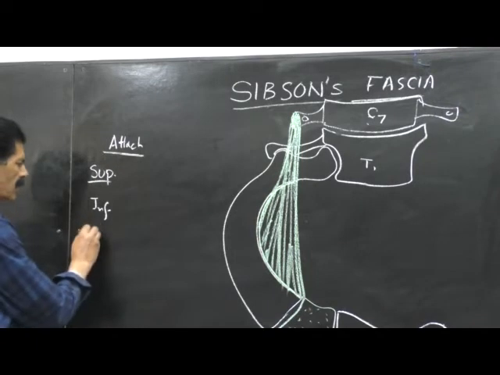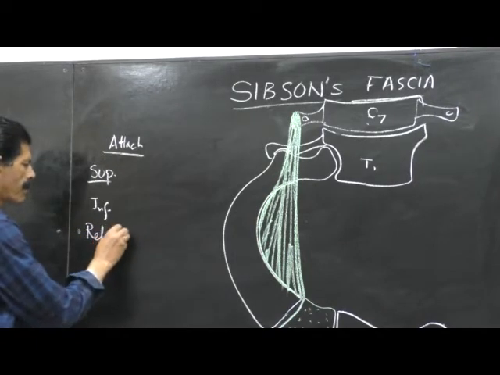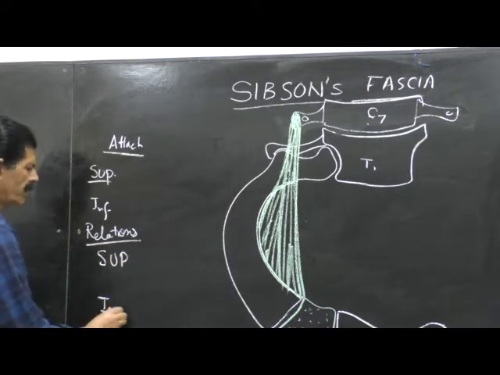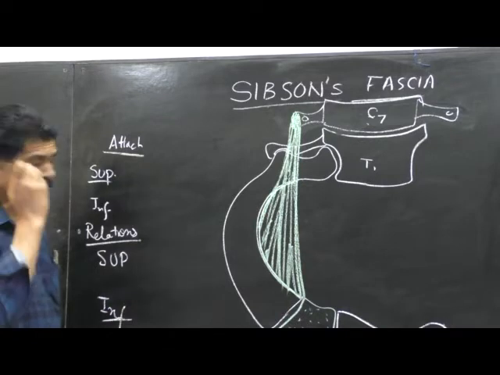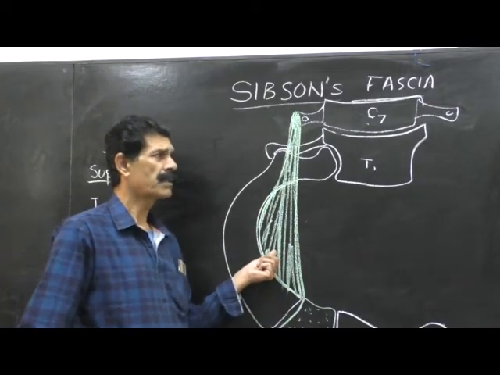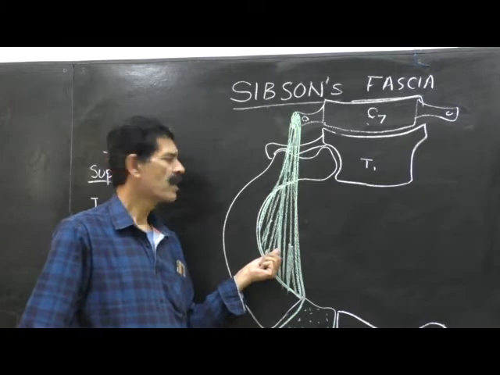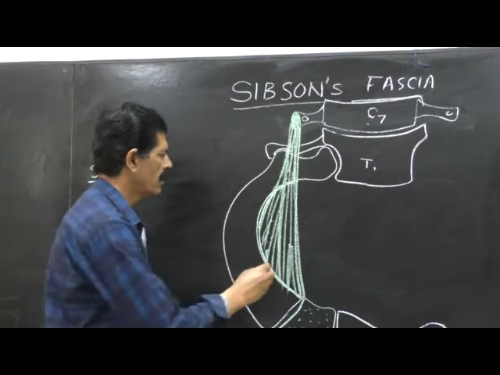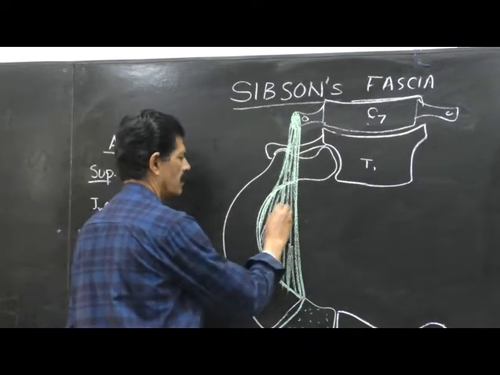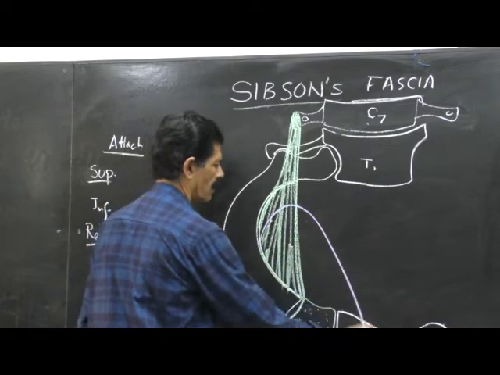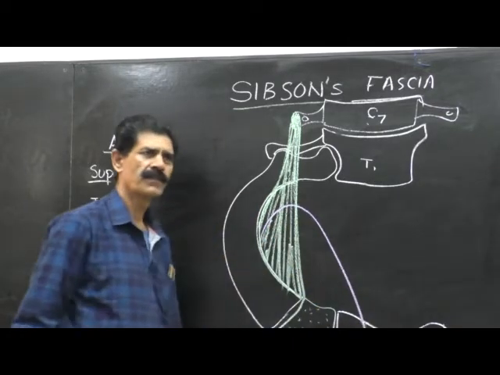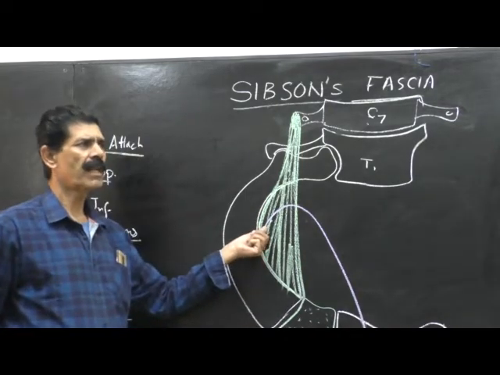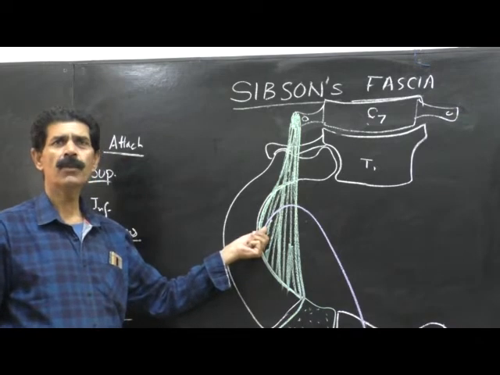Now, its relations. The superior relation and the inferior relation. As we know, the thorax starts from the lower surface of the first rib. So just below it lies the apex of the lungs, with the parietal pleura covering it, which is also called the apical pleura.